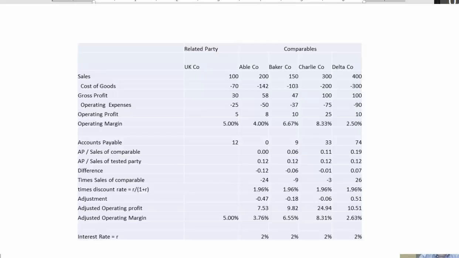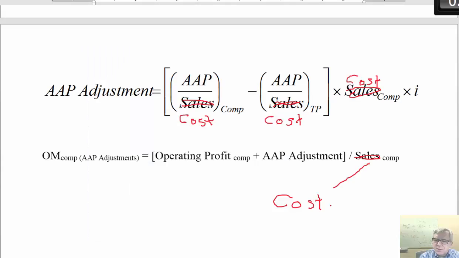And that's an important point, because if the suppliers are charging them more, then their COGS are going to be higher. So here, where we've got the costs, we've also got to add in our AAP adjustment to say these costs are now going to be higher.